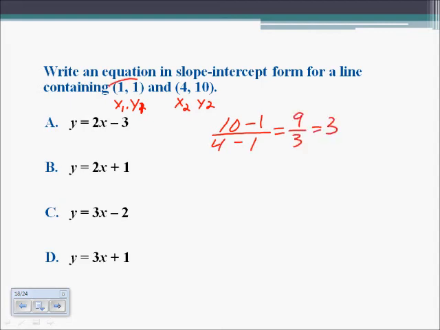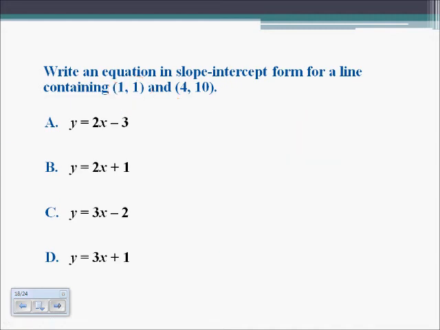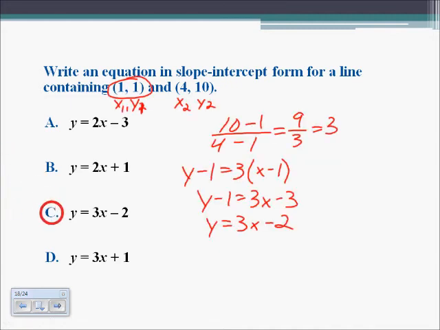We'll use the first point here, so we'll have y minus 1 is equal to 3 quantity x minus 1. Y minus 1 is equal to 3x minus 3. Y is equal to 3x minus 2 then. Again, letter C is our answer.